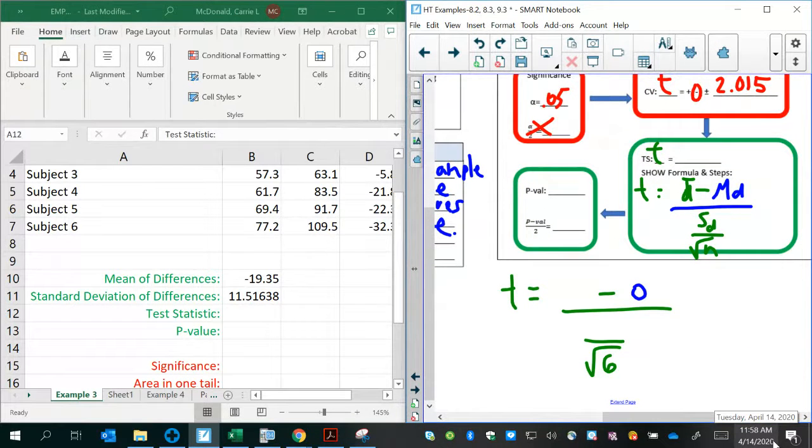So the sample mean of differences, negative 19.35, goes there. And the standard deviation, we really shouldn't be rounding it, but I'll just make sure to put a lot of decimal places there.